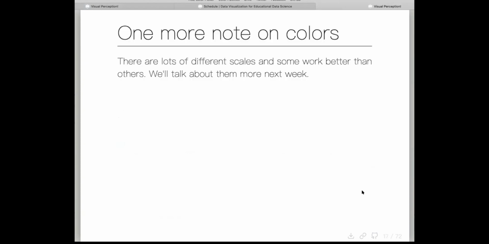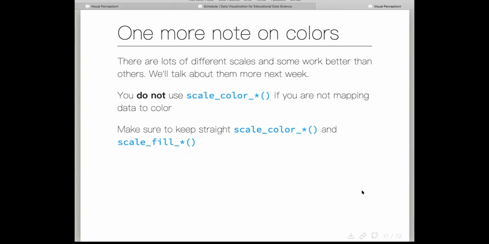A couple important points here, though. You do not use scale_color_whatever if you are not mapping data to color. If you are not calling color within aes, then you don't use scale_color; you're just going to change the colors manually within those layers. The other thing to be careful of is if you're mapping data to colors and fills, then you need to keep that straight.